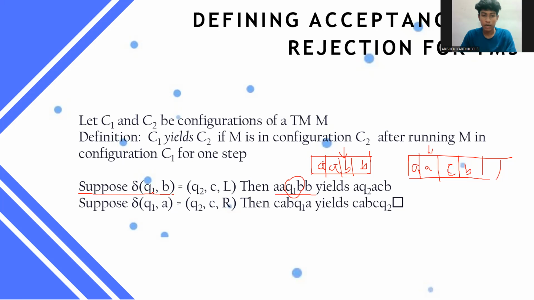When Q1 transitions into Q2, B becomes C, and then the pointer moves one step towards the left. Similarly, here we have Q1 transitions into Q2, while A becomes C, and the pointer moves to the left. So this becomes this. And here we have Q2 pointing to the blank symbol, which means we have reached the end of this string.